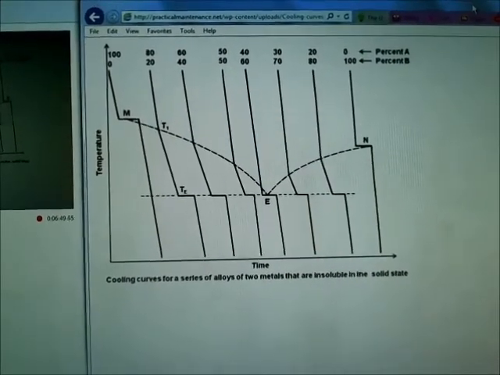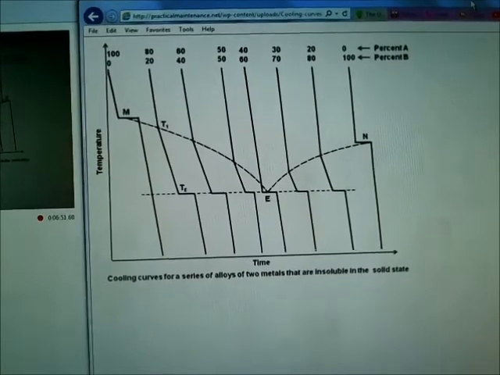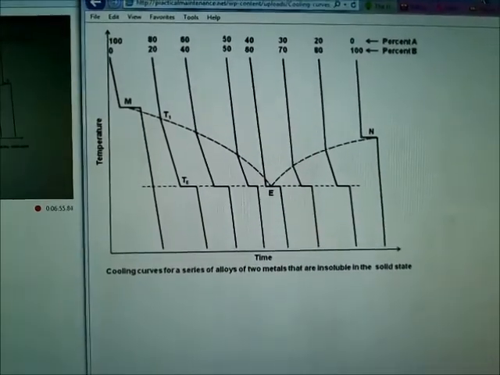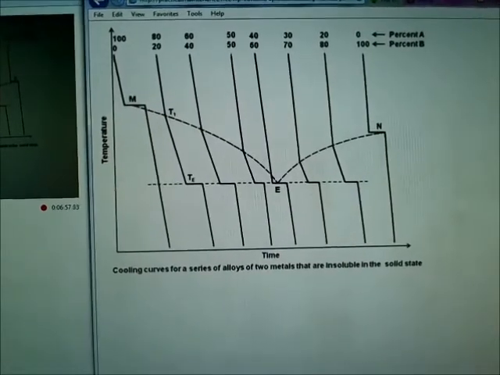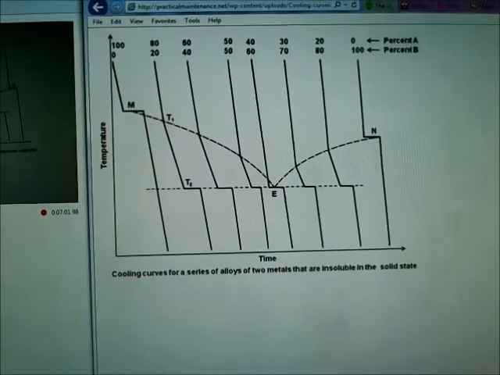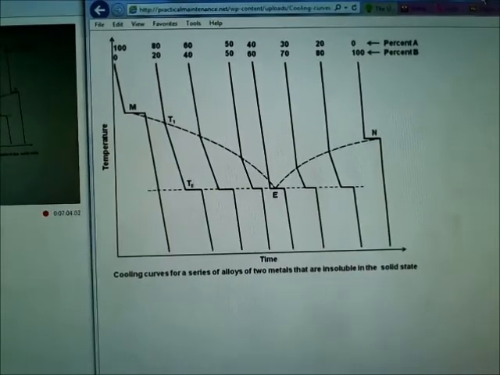And see how the eutectic melting is in fact, now you know why it's called an invariant, it does not vary with composition. It's very cool. And so they superimpose the phase diagram on top of that.